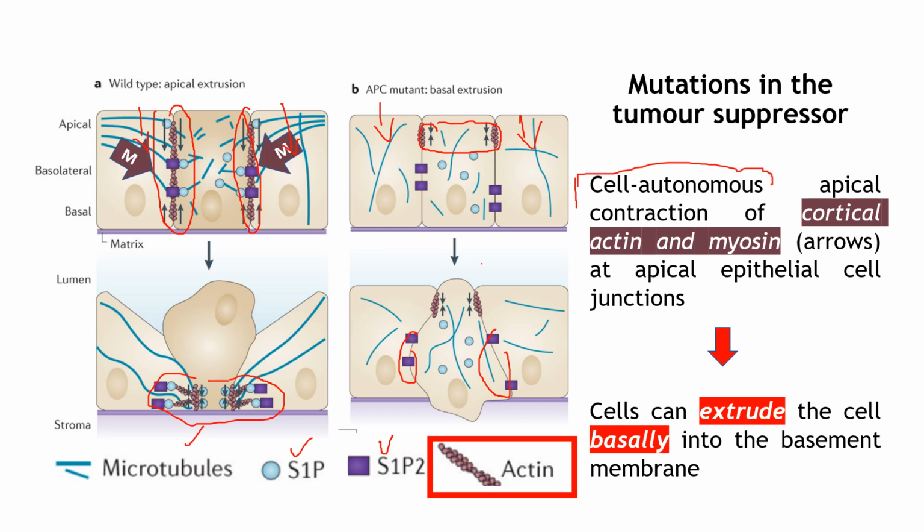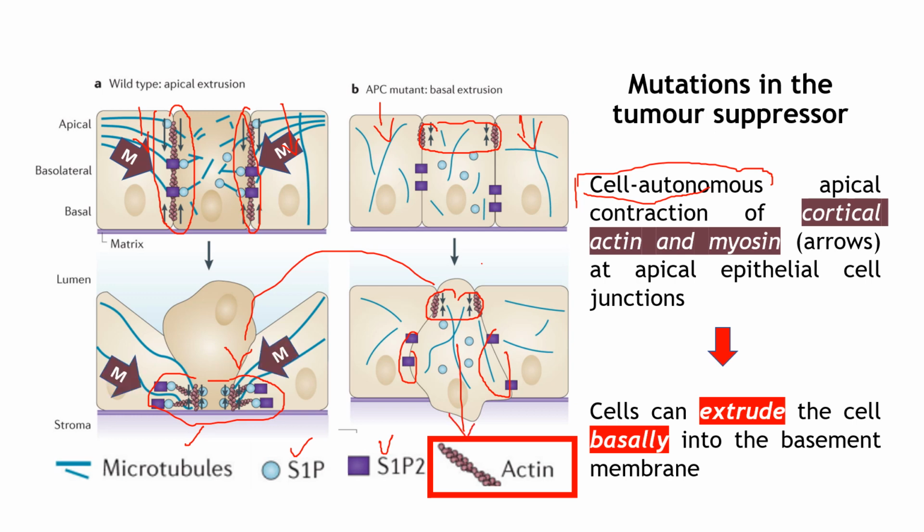It starts creating a constriction in the cortical region, in the apical region, of actin and myosin. And as you can see, this constriction is completely the opposite to what was happening here. And now, as it's constricting apically, the cell will go basal.